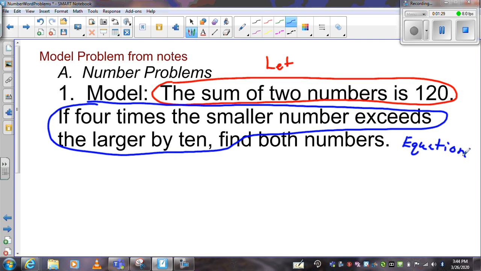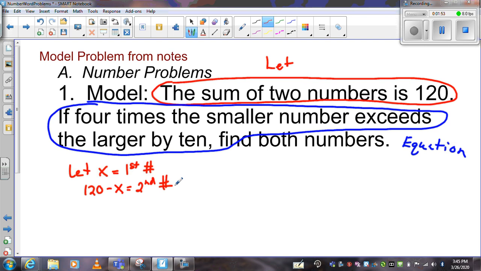In most cases, you can switch these up very easily, but it can be a little challenging depending on the problem. For those of you who remember the sum of two numbers, when we did our let statement, we would let x equal the first number, and we would let the second one be 120 minus x.